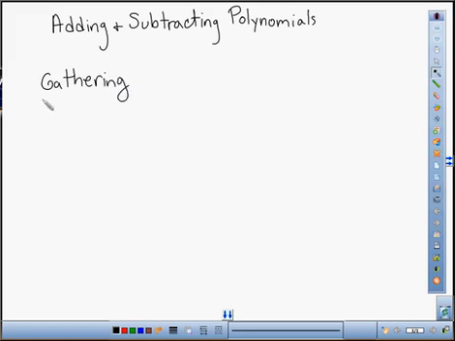This is just what I call it. And if you're using gathering, that means that we have our problems written side by side on one line of notebook paper. 2x squared plus 5x minus 7 plus 5x squared minus 3x plus 2.